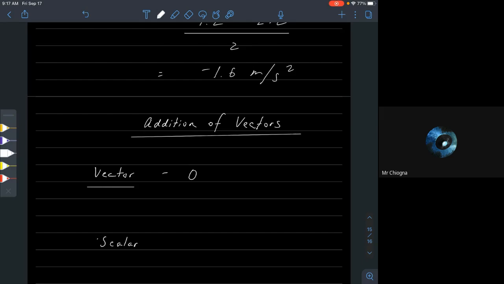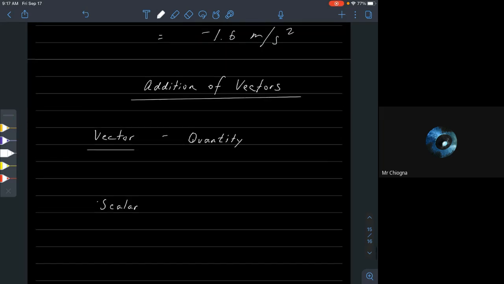So a vector is a quantity. What do I mean by quantity? Some measurable quantity, right? Or even a vector, not necessarily measurable, but something that you can calculate. So it's a quantity.